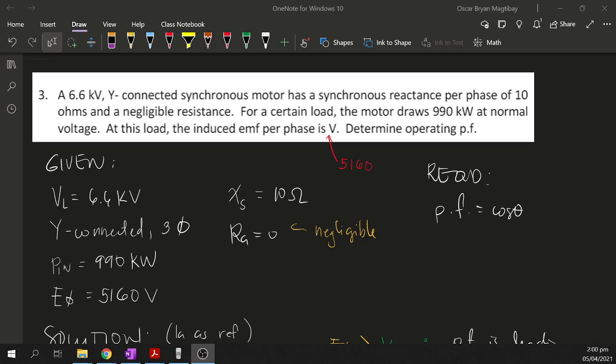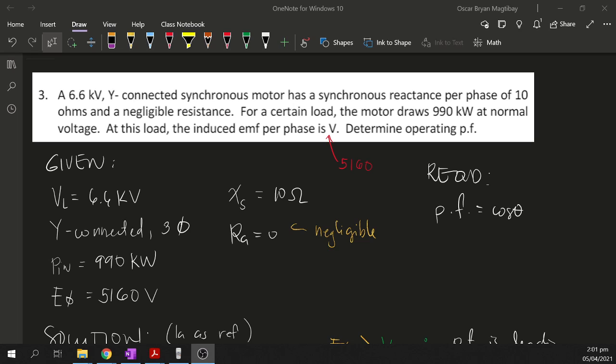A 6.6 kV Y-connected synchronous motor has a synchronous reactance of 10 ohms per phase and negligible resistance. For a certain load, the motor draws 990 kilowatts at normal voltage. At this load, the induced EMF per phase is 5,160 volts. So yun, naidagdag lang natin siya doon. So determine the operating power factor.